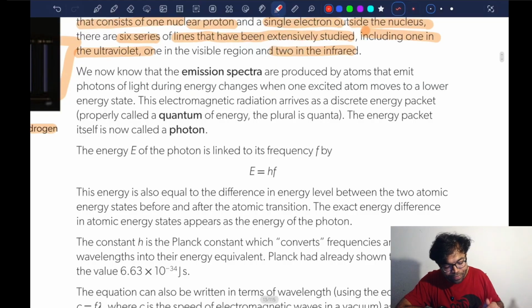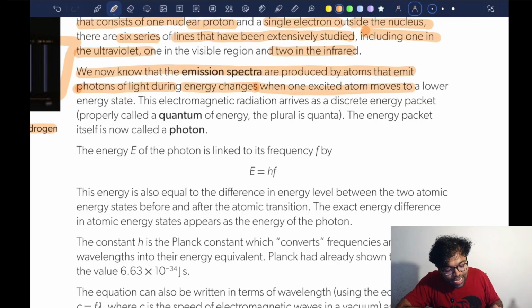Now what else is happening? This electromagnetic radiation arrives as a discrete energy packet, properly known as a quantum of energy. There are discrete packets of energy known as quanta.